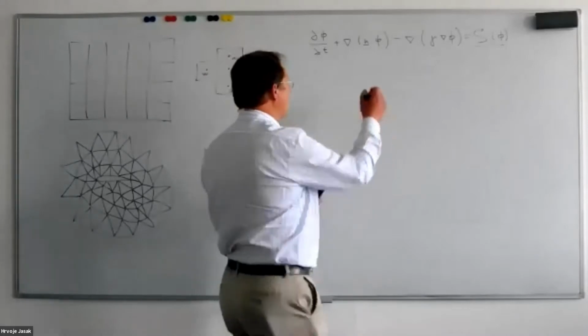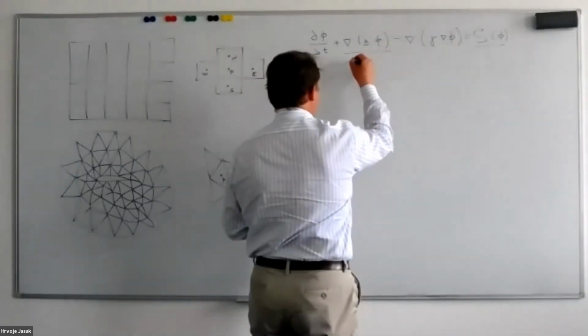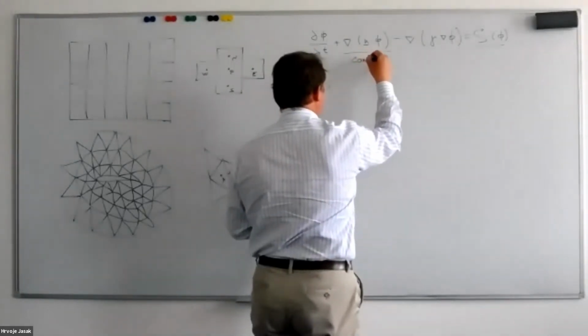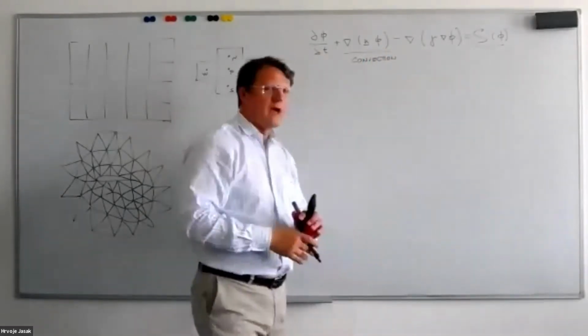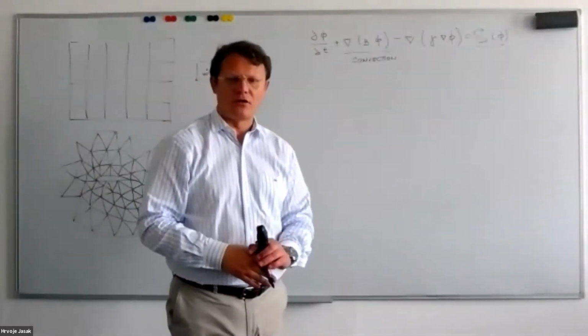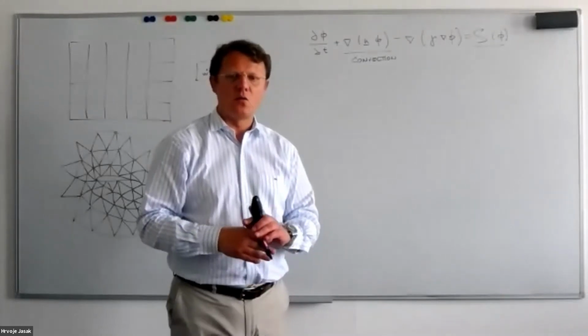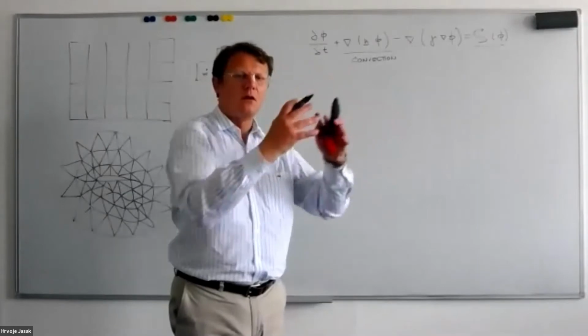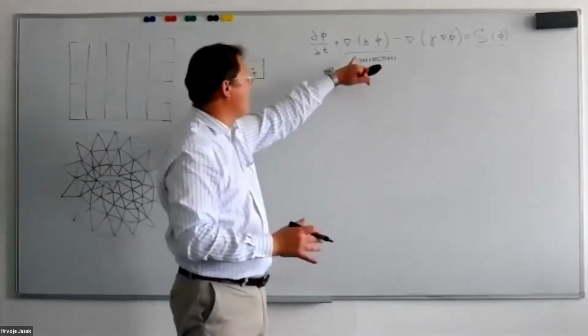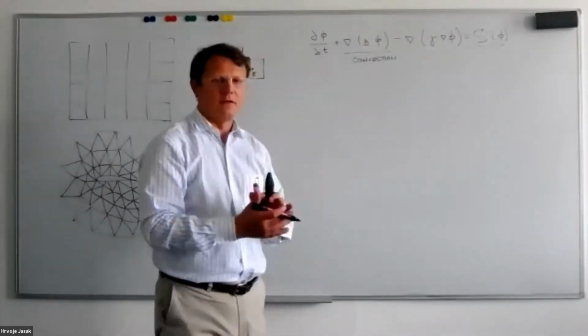The first one on the left-hand side is the convection term, which basically represents a coordinate transformation. It is the way that material moves from one point to another point, carried by the velocity field.